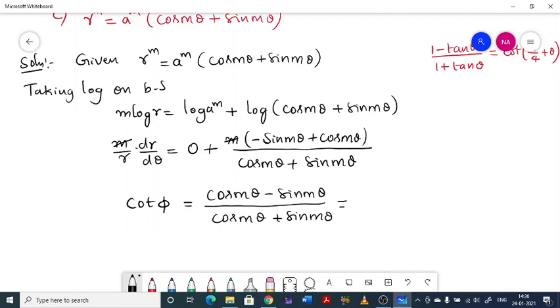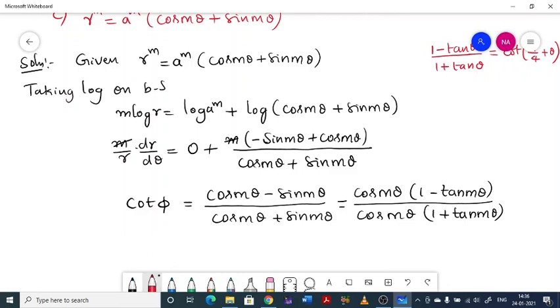So in the numerator, taking cos m theta outside, you will be getting 1 minus sin m theta by cos m theta, that is tan m theta, divided by again here taking cos m theta outside, 1 plus tan m theta.